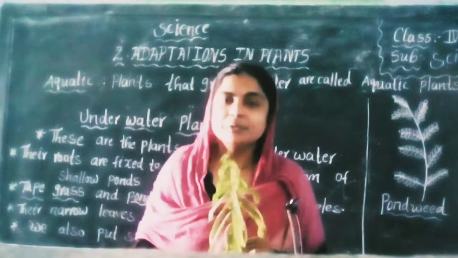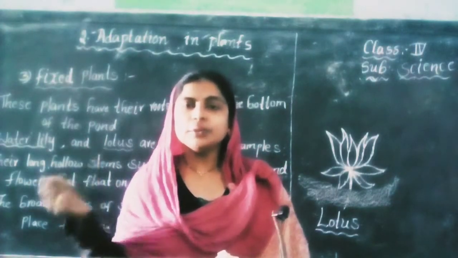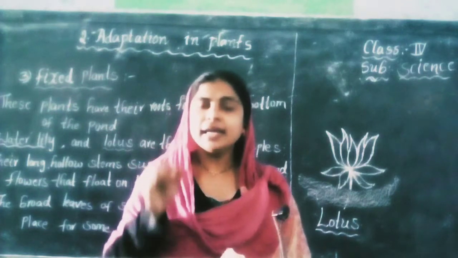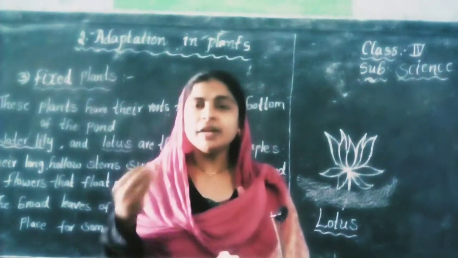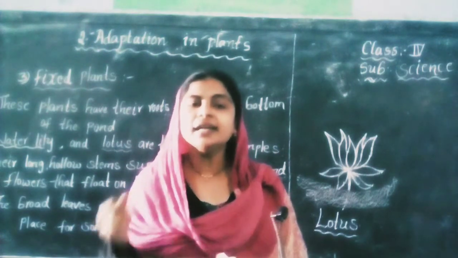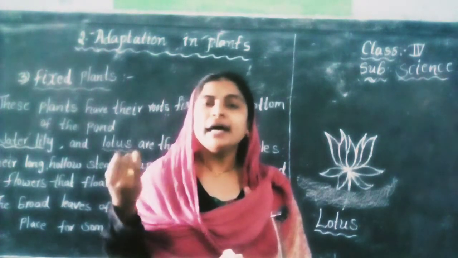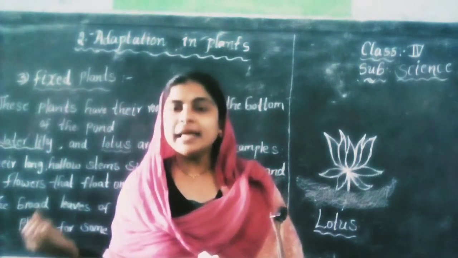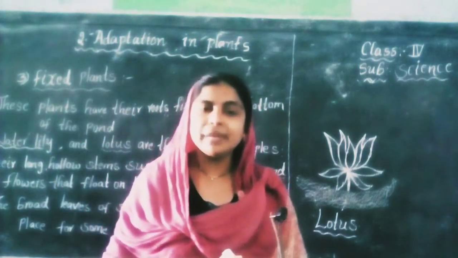Okay children, types of plants: two types, aquatic plants and terrestrial plants. Aquatic plants are divided into four: free floating plants, underwater plants, fixed plants and emergent plants.